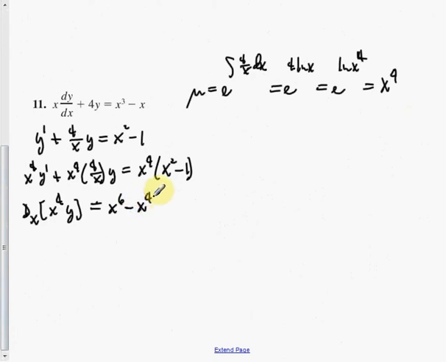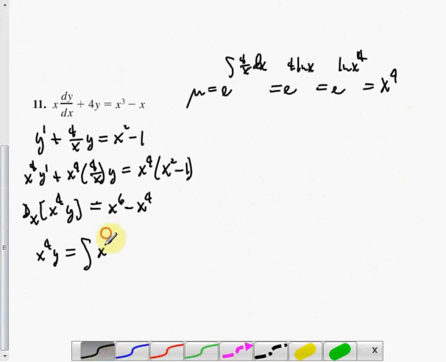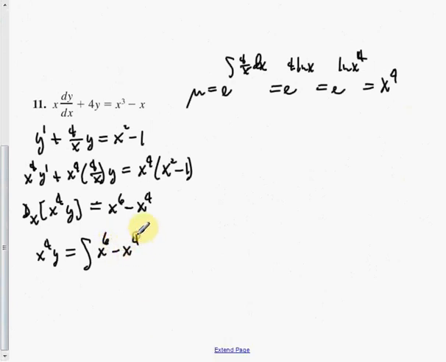Integrate both sides, and that leaves us x to the 4th times y is equal to the integral of x to the 6th minus x to the 4th dx. We integrate that. That's just x to the 7th over 7 minus x to the 5th over 5 plus c. So divide through by that x to the 4th, and we get y by itself.